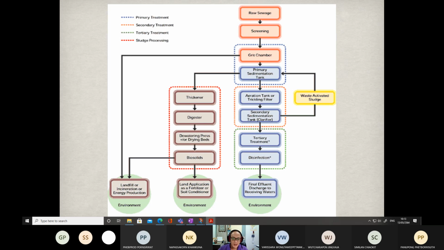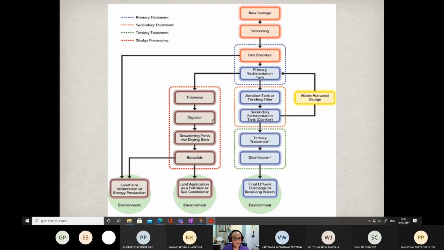But anyway, the sludge generated from these treatment processes will be treated in another series of unit operations. The sludge will be kept in the thickener, where the concentration of sludge will be increased. For the organic sludge, we need to put it into the digester.